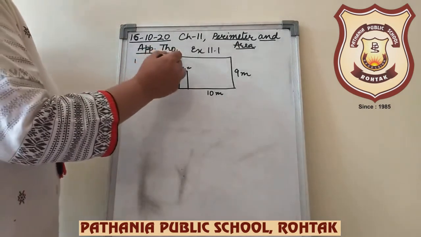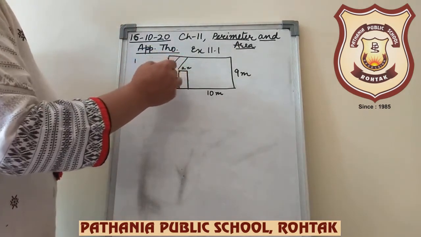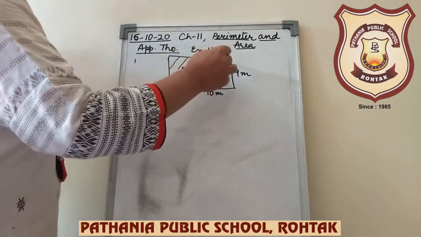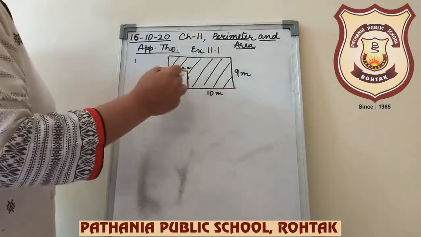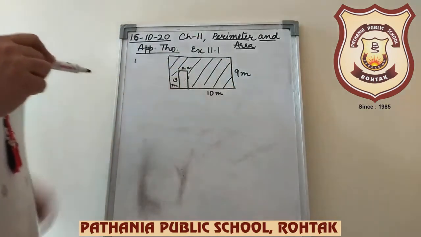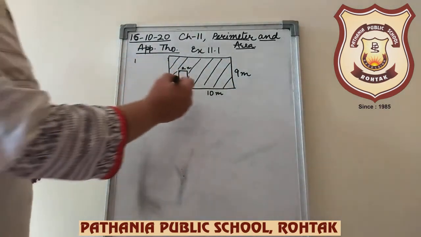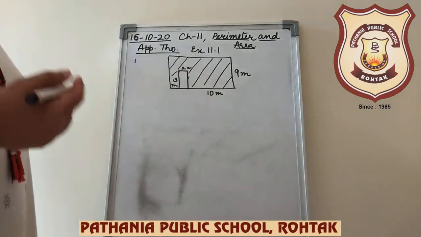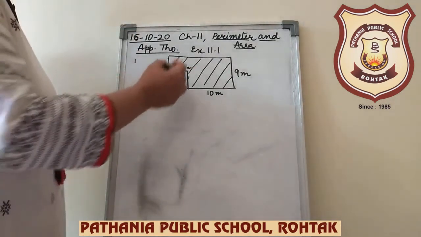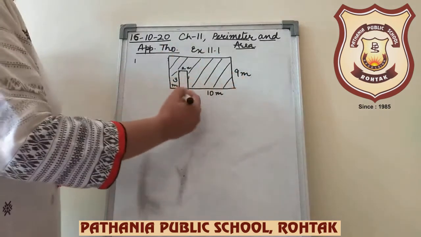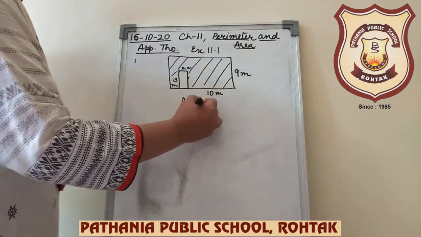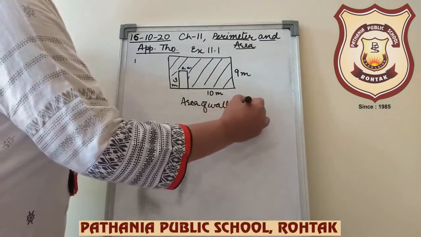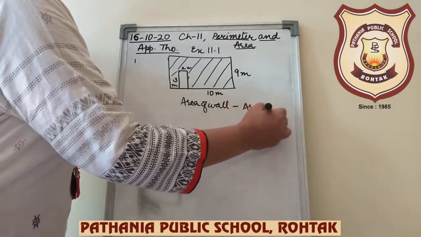Now you have to calculate the area which is to be whitewashed. Whitewashing or the painting of the wall is to be done, then the door is to be left. Whitewashing cannot be done on the door. So first calculate the area of wall minus area of door.